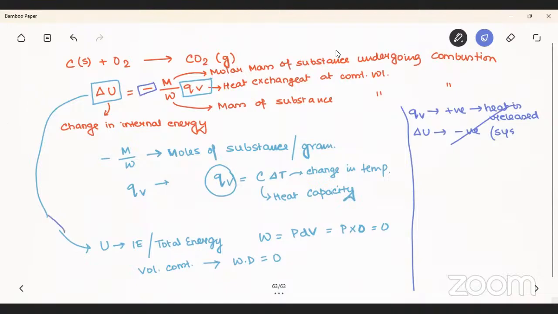Yes, ma'am. Good. Now we will be doing some interpretation. So what was our equation? Our equation was delta U is equal to minus M by W QV, right? Now we are making different interpretations.